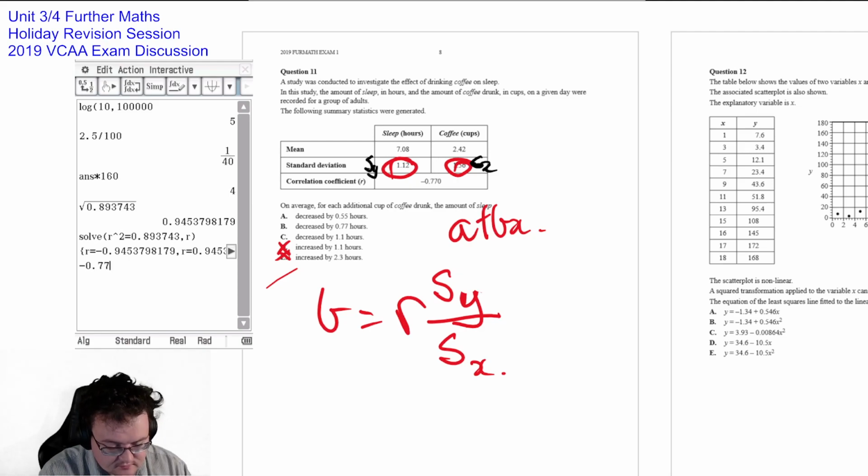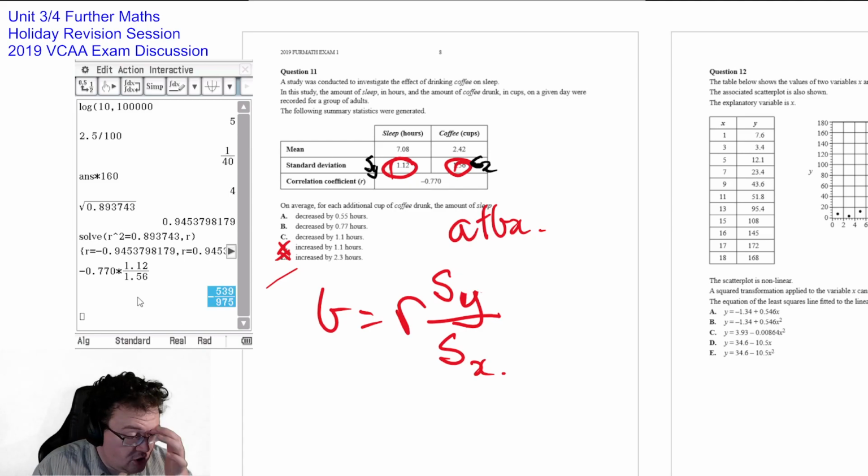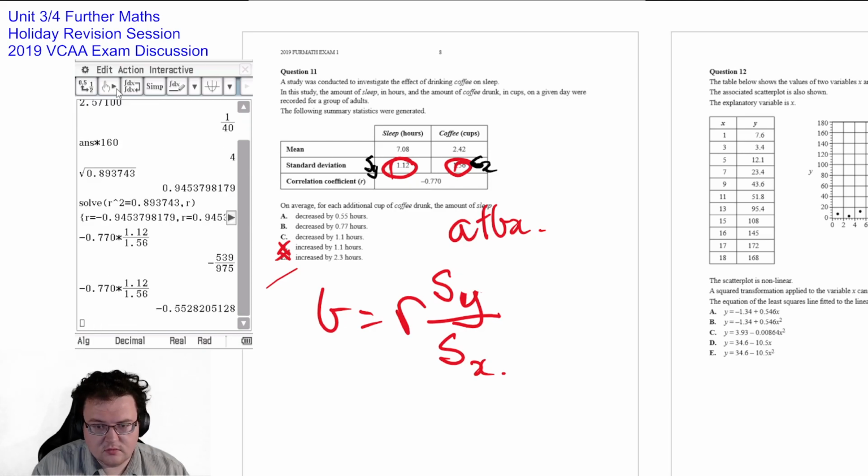So negative 0.770 times, and then we put the fraction in, 1.12 over 1.56. You can make sure that your CAS gives everything as a fraction by leaving it in standard, but if you want it in decimal, there it is.